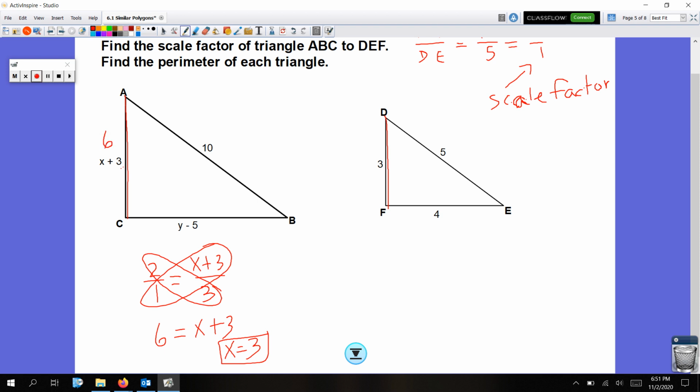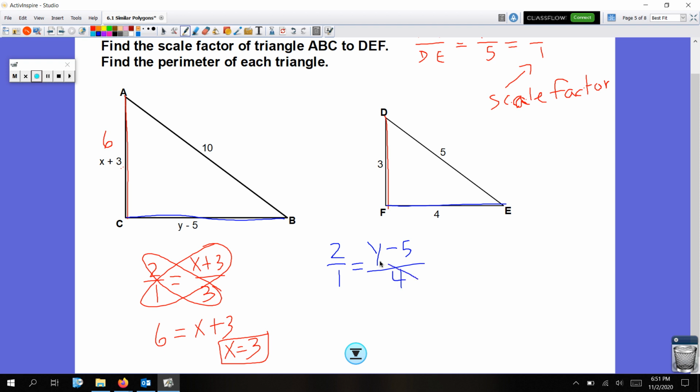Okay? Now, I'm going to solve for Y. I'm still going to use that scale factor to set up my proportion, right? And the term with Y is on the side CD. So CD, Y minus 5, corresponds to FE, which is 4.